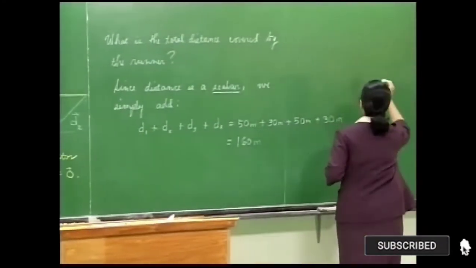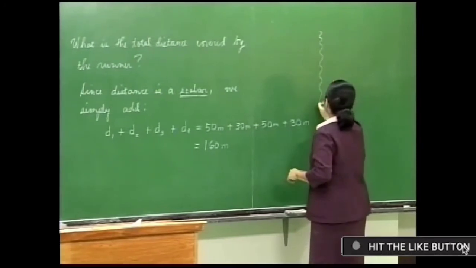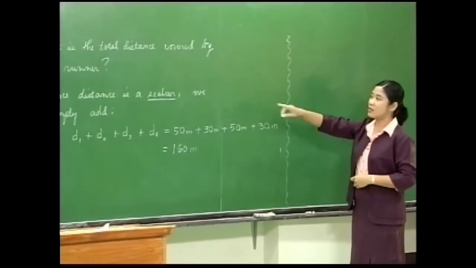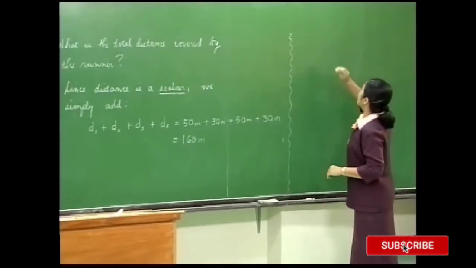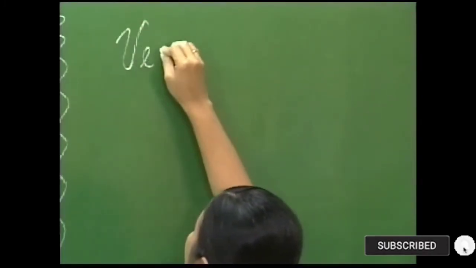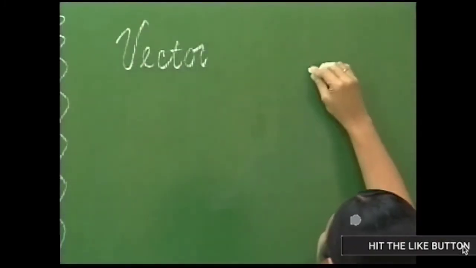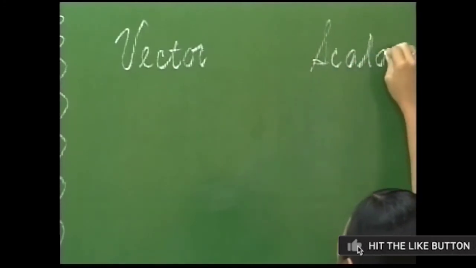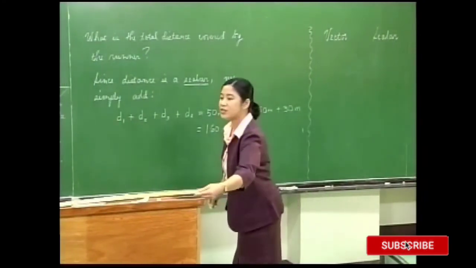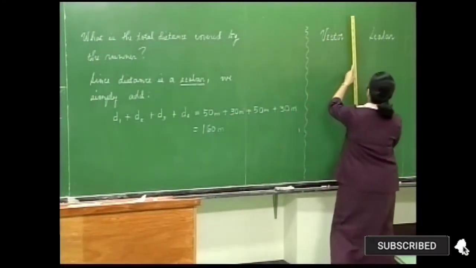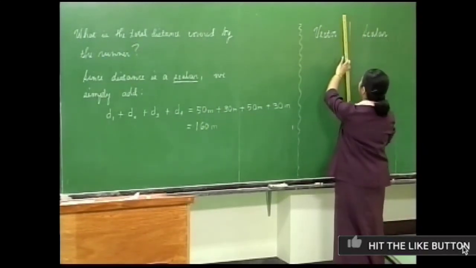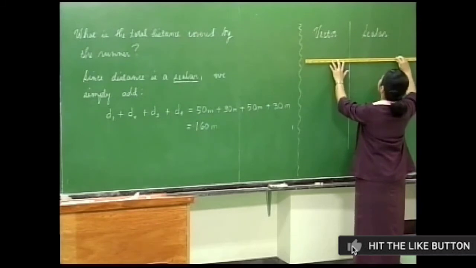Now, just as a brief summary of your examples of vectors, now that you see the difference, here you have the vector, and here you have a scalar. So let's just have a table, because you will be meeting all these physical quantities.